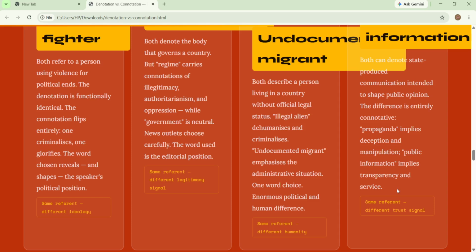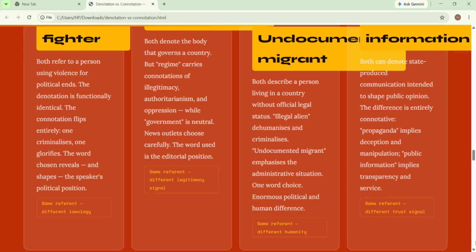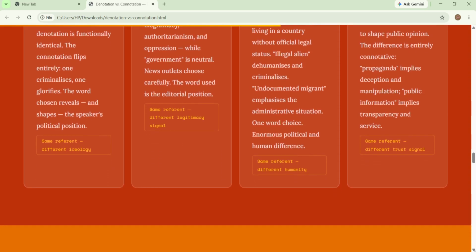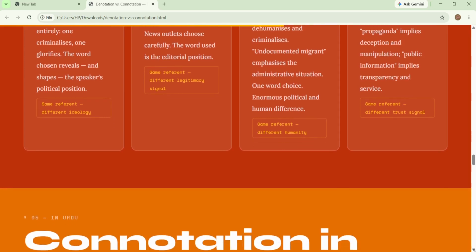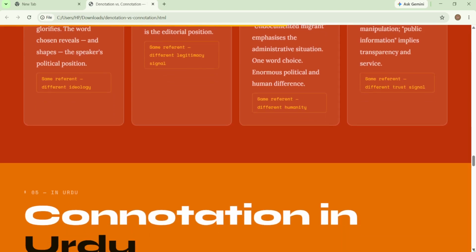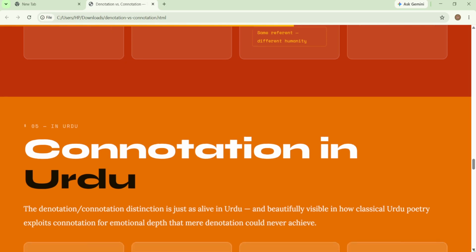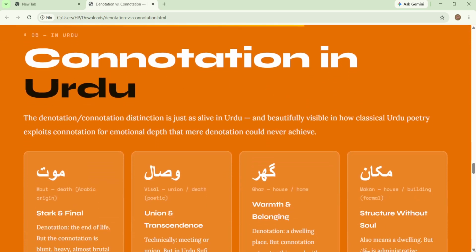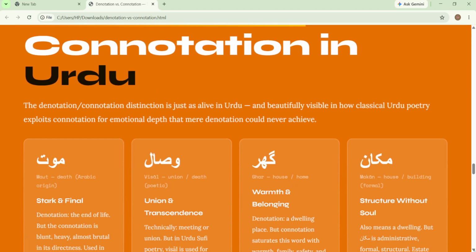While propaganda is taken as negative, public information is taken as positive. It depends upon how a person perceives it and how the information is presented. So this is how the meaning of words is affected. Now let's look at part 5, connotation in Urdu.